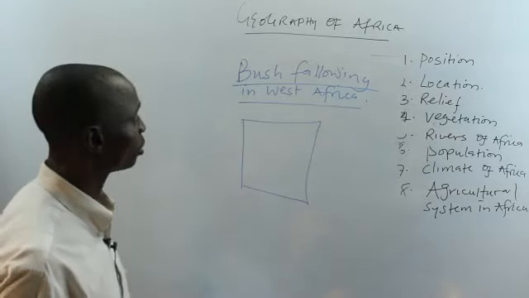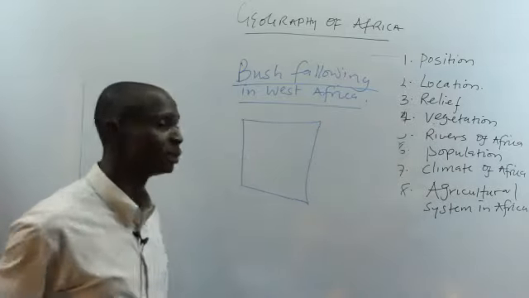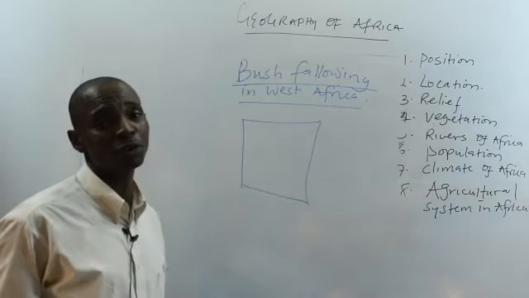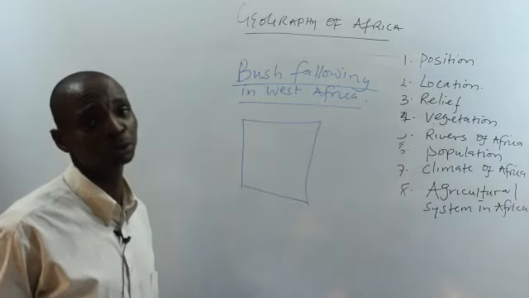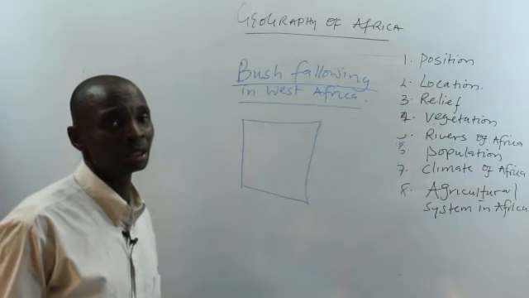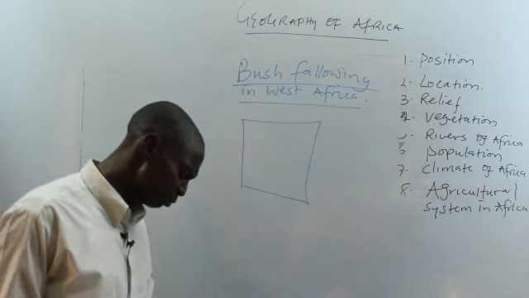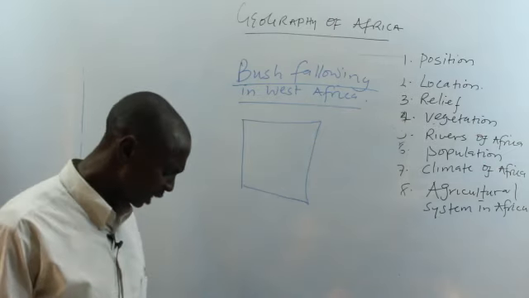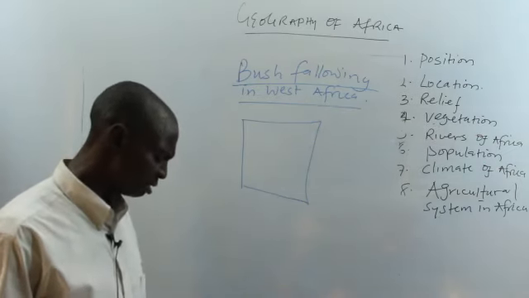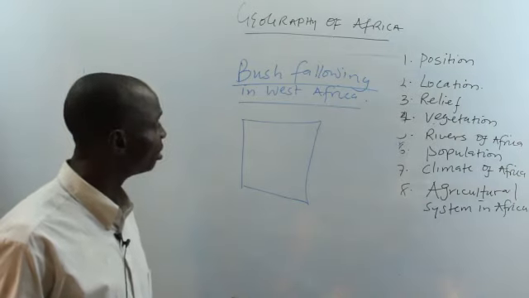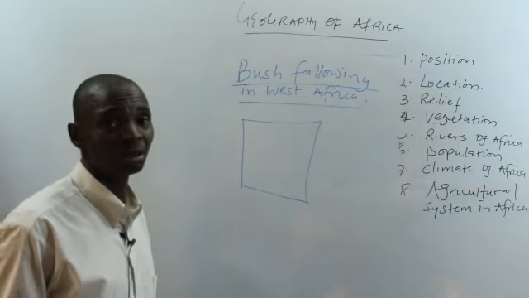Then, what are the factors that trigger bush fallowing? Number one, the type of crops to be produced is one of the factors that encourage bush fallowing. Then we look at the nature of the land.